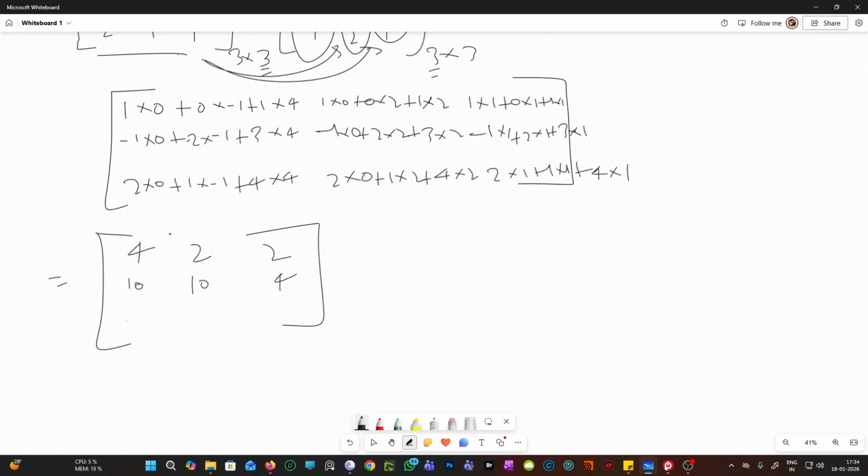Here we get 0 plus minus 1, that will be minus 1, plus 16, that will be 15, and here we get 2 plus 8, that will be 10, and here 2 plus 2, that will be 4, 2 plus 1, that will be 3, 3 plus 4 will be 7. So that's what we get as an output, and its order will be 3 cross 3.